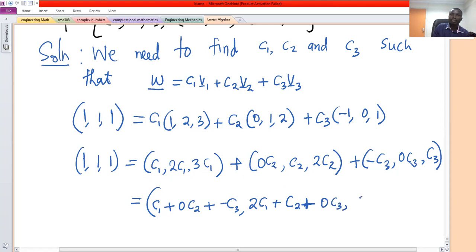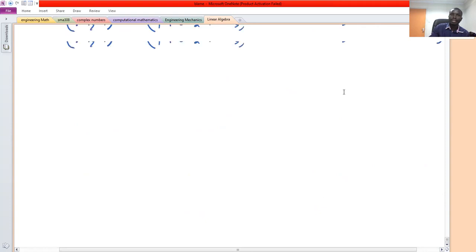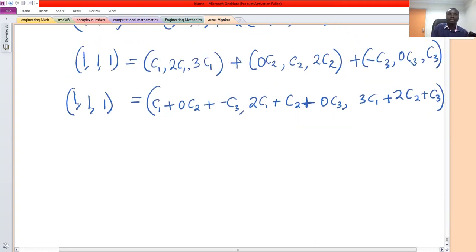And then we have 3C1 plus 2C2 plus C3. And remember, this side is (1, 1, 1). So for this equality to make sense, the first element on the left of this vector should be the same as the first element here. The second element on the left-hand side vector should be the same as the second element on the right-hand side vector. The third element on the left should be the same as the third element on the right.